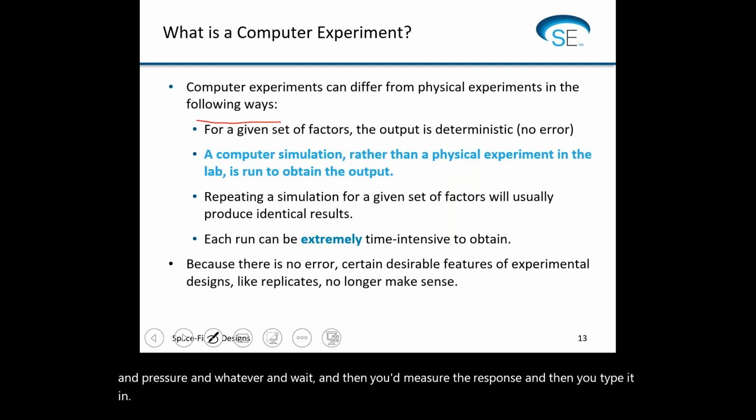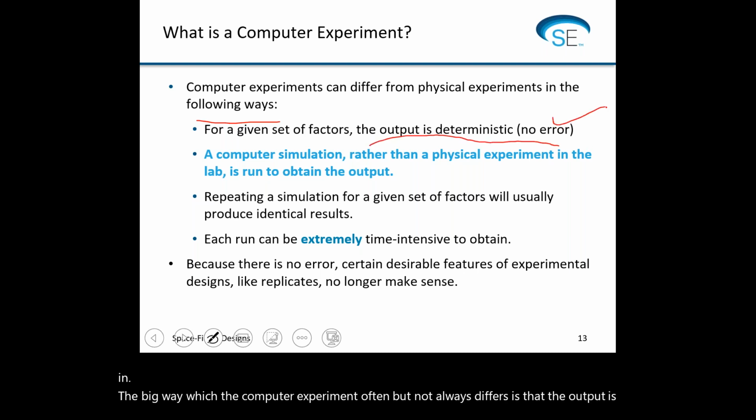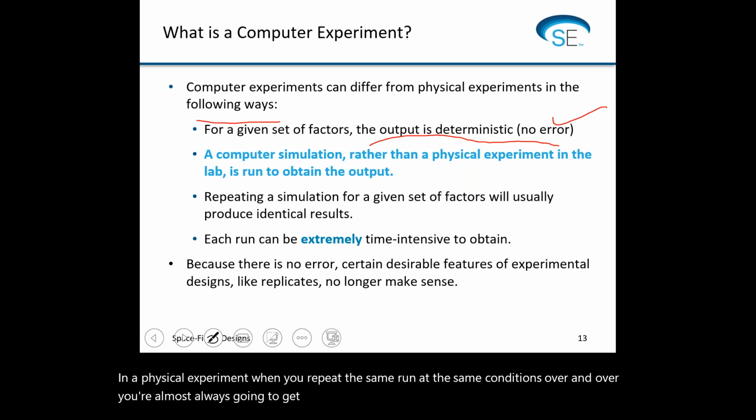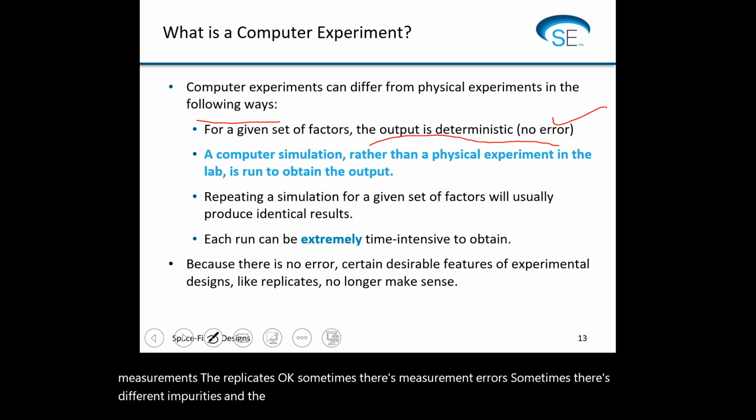The big way in which a computer experiment often, but not always, differs is that the output is deterministic. Meaning, in a physical experiment, when you repeat the same run at the same conditions over and over, you're almost always going to get some sort of discrepancy between the repeated measurements, the replicates. Sometimes there's measurement error, sometimes there are impurities in the raw materials, sometimes you don't quite set the temperature exactly to 400 degrees; sometimes it only hits 390, sometimes it overshoots to 410.